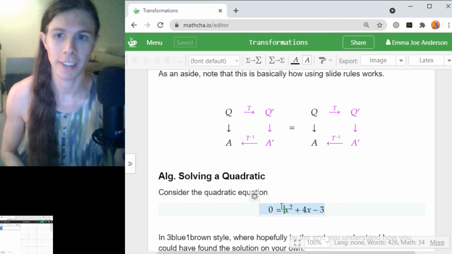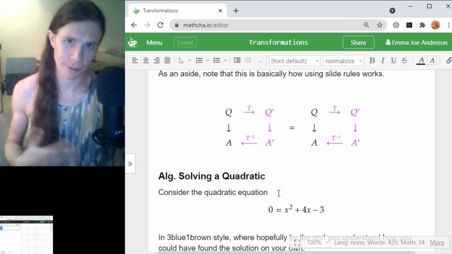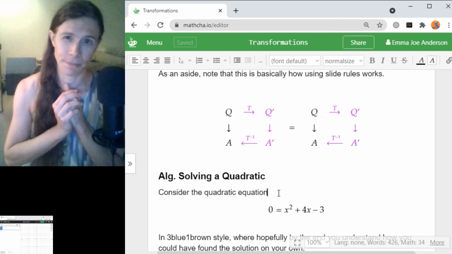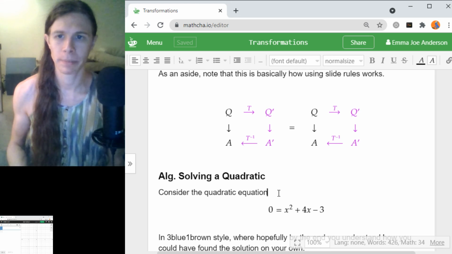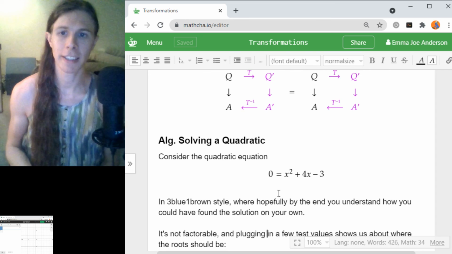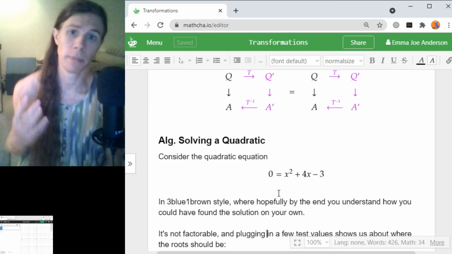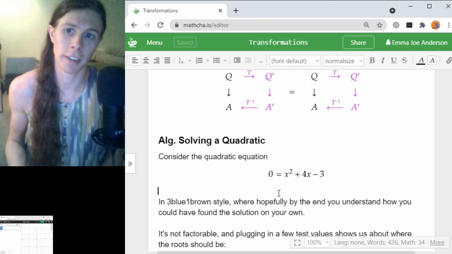But basically, this is a polynomial that trying to solve for its zeros isn't straightforward. It's not factorable, and plugging in test values will show you around where the roots should be, but the roots are irrational.